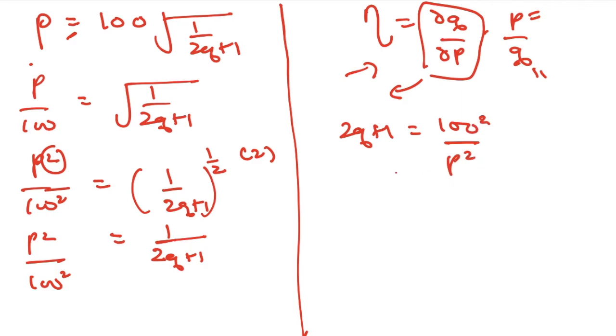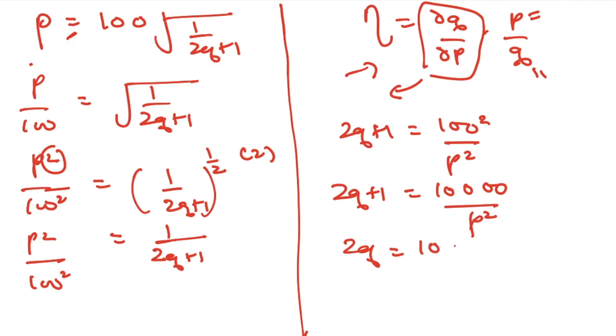You get me? I'm doing this one by one, and in fact I can just jump some of the steps here, but because some of you are very weak in mathematics, I have to do this. And it becomes 2Q plus 1 equivalent to 10,000 over P square.